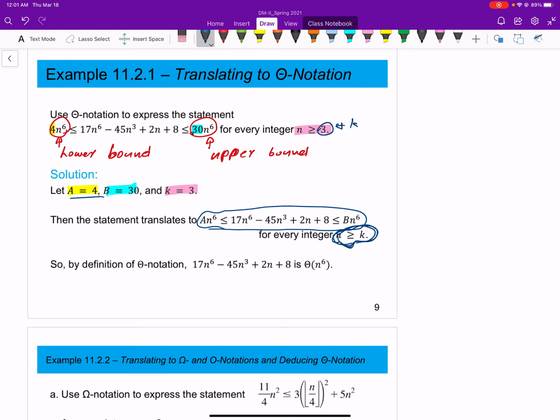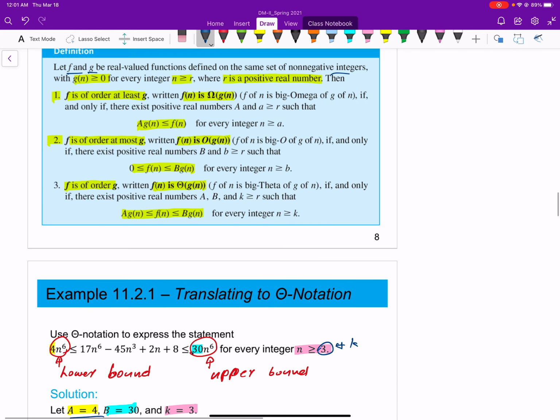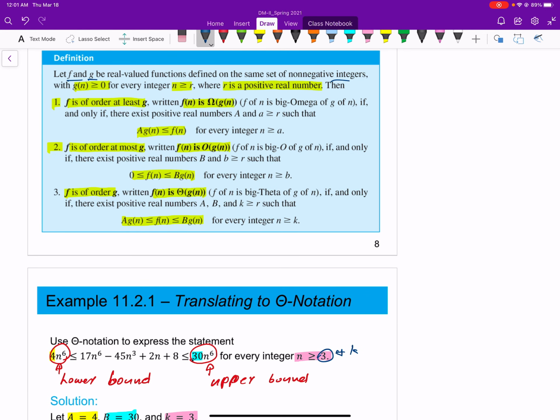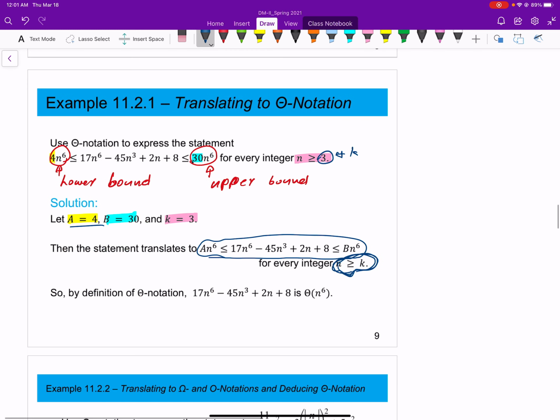Now go to the definition of theta. This is the definition of theta. You have this function g(n), and you have the same function over there, which is g(n). This is a times g(n), this is b times g(n), where a and b are constants.